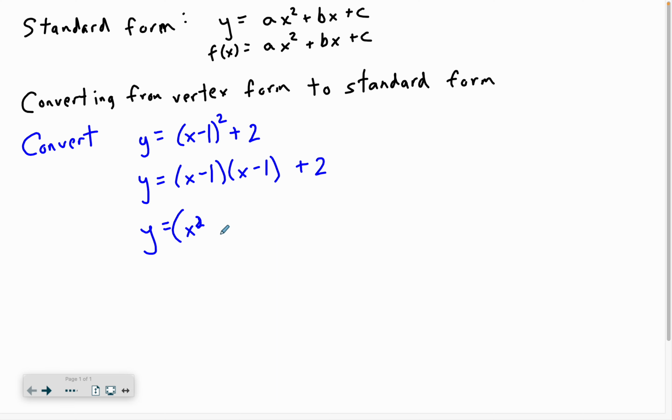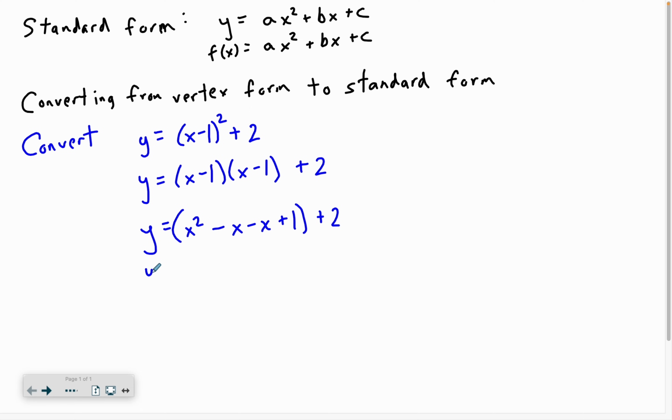X times negative 1 is minus x. And then we do the inners. Negative 1 times x is minus x. And negative 1 times negative 1 is positive 1. So we're just going to do that multiplication first and leave the addition on the end, just like what we would do with order of operations anyway.